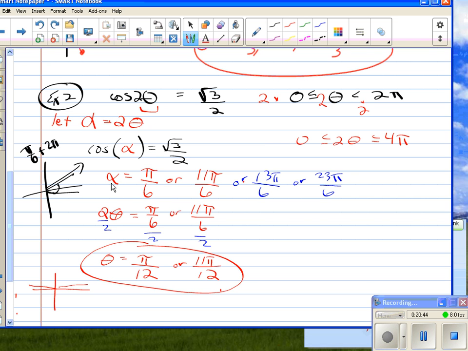Well, think about it. Alpha equals 2 theta, right? So 2 theta is supposed to be between 0 and 4 pi. So that means alpha should be between 0 and 4 pi. Theta is still going to be between 0 and 2 pi. But alpha is going to be between 0 and 4 pi. So we need to find all the alpha angles. These are the theta angles. This is eventually going to be the answer. We're not done yet. We're only at half of it.